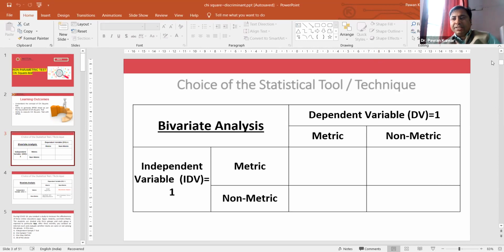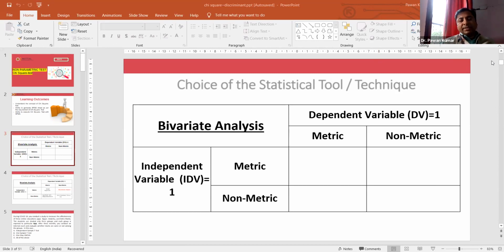Very good, very wonderfully written. Yes, we can go for regression. We can apply linear regression when we have one independent variable that is metric and the dependent variable that is also metric.